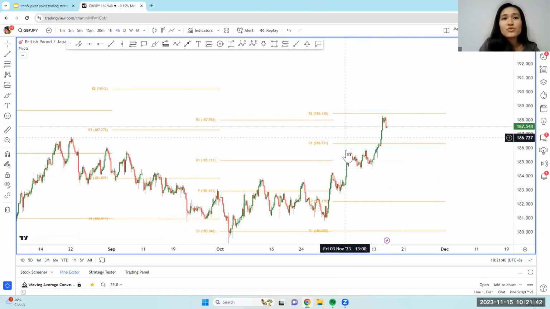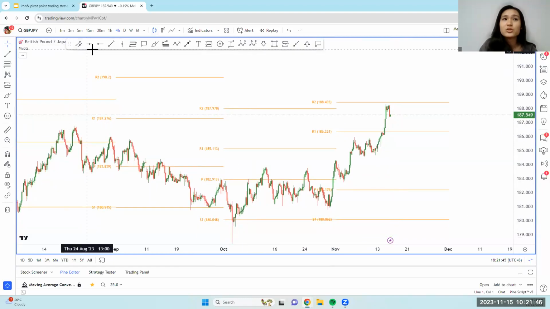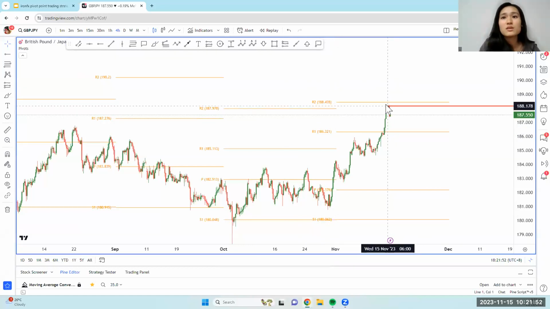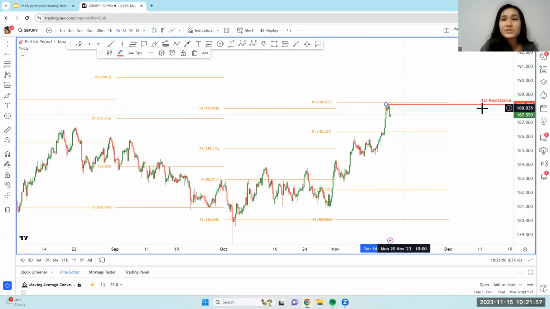Okay, so from here, this is actually a really good aid to help you determine where you should place your support and resistance levels. Because you can see here where my R2 is at, this is typically where you would place your R1 anyway. Okay, because your first resistance would be the closest swing high to where price is currently at, which is over here.